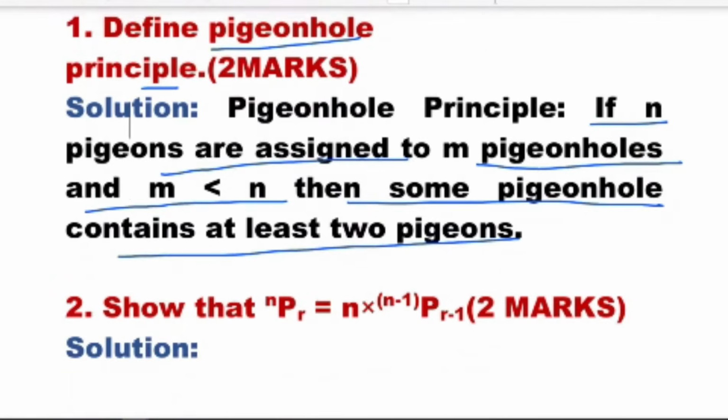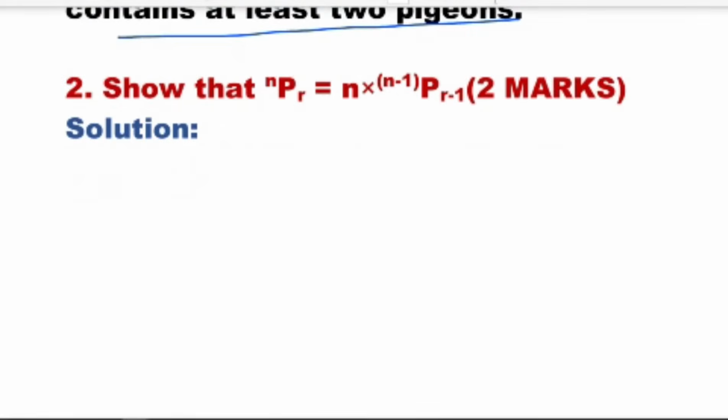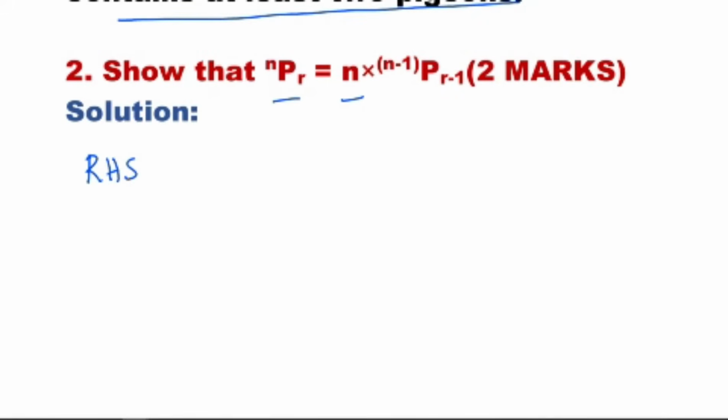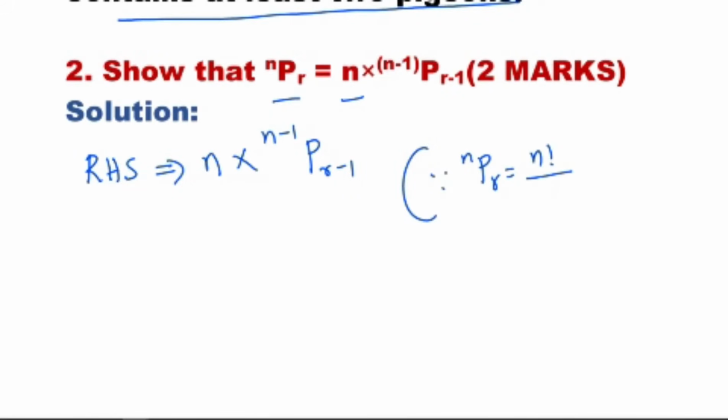Then moving on with the next one, we have: show that nPr equals n into (n minus 1)P(r minus 1). So now let me take the RHS. RHS is n into (n minus 1)P(r minus 1). We know the formula nPr equals n factorial divided by (n minus r) whole factorial.